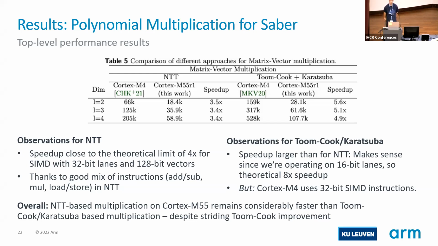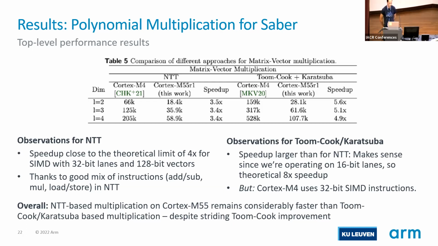For Toom-Cook Karatsuba, we get around 5 to 5.5x speed up. So why does that make sense? It's 16-bit data we are operating on, so shouldn't we get 8x ideally? And that's not the case because the Cortex-M4 implementation, which is our baseline, also has 32-bit SIMD instructions which are used here. So you should rather expect 4x, and we get 5x because there are more flexible vector instructions on M55 than on M4.